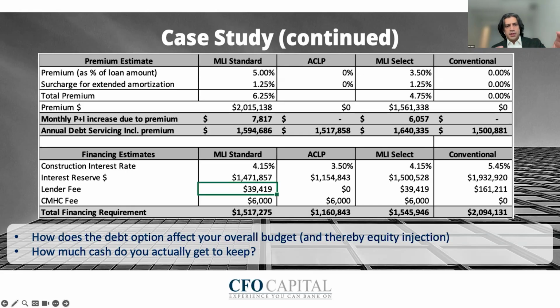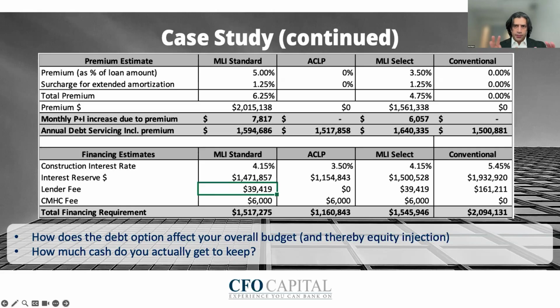Just below the premium, we had calculated financing estimates. Financing estimates obviously tie into the total cost. There are different construction interest rates for each of these programs that we have laid out. That will obviously determine the financing budget. That ultimately determines your total budget, which also affects how much equity outlay you have to do.